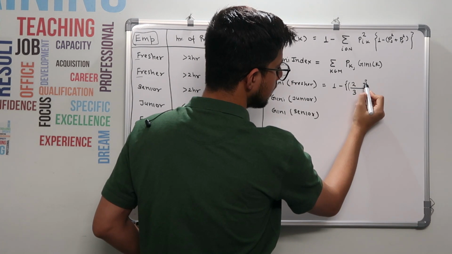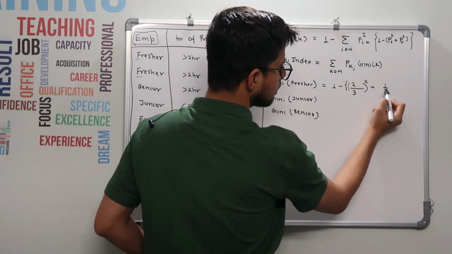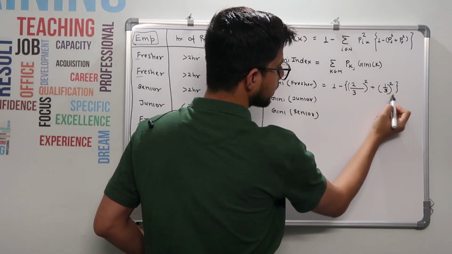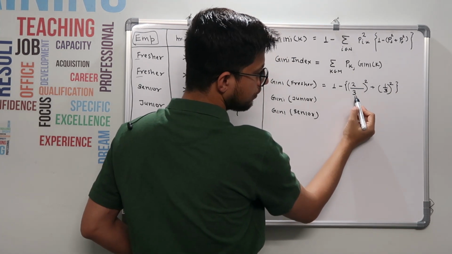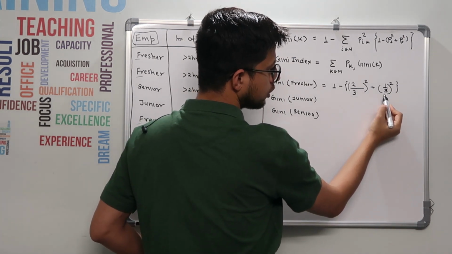So you do 1 minus (2 by 3 whole square plus 1 by 3 whole square). The first will be the probability of success and the second the probability of failure.